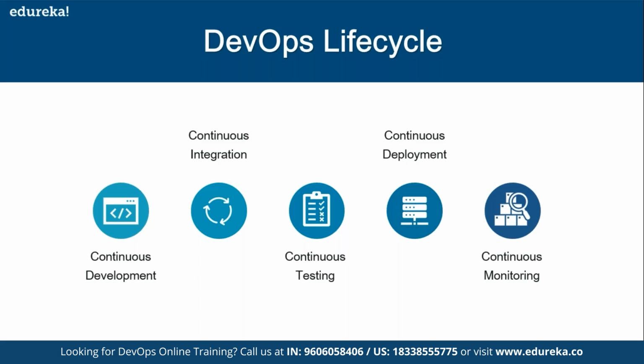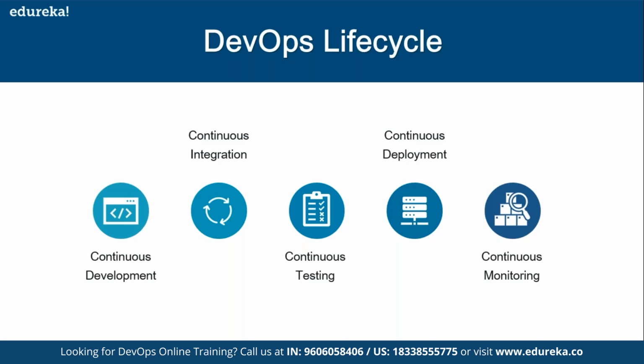Now, continuous development, if I have to talk about it before we touch upon monitoring, is simply a phase that involves planning and coding of the software, and the vision of the project is usually decided during the planning phase, right? And the developers begin developing the code for the application.